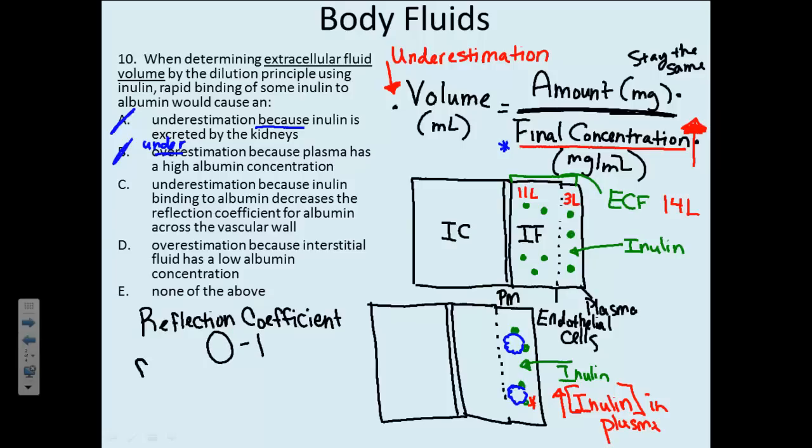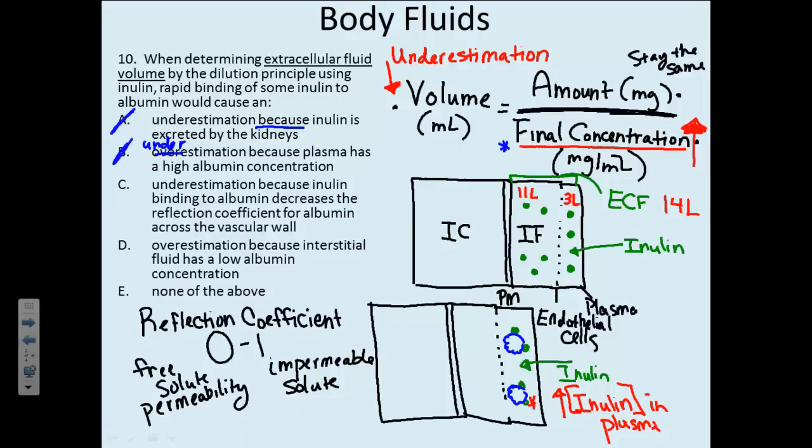So what 0 means is free solute permeability, meaning that our solute can go right across the barrier that we're describing. What 1 means is an impermeable solute, meaning that the solute in question cannot cross the barrier.